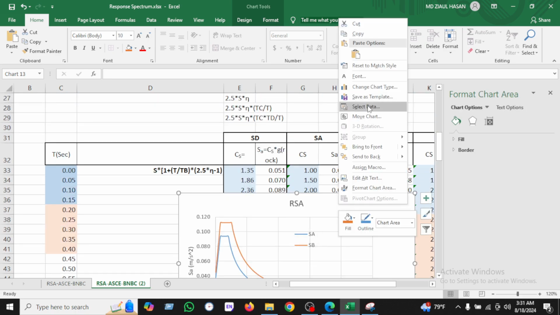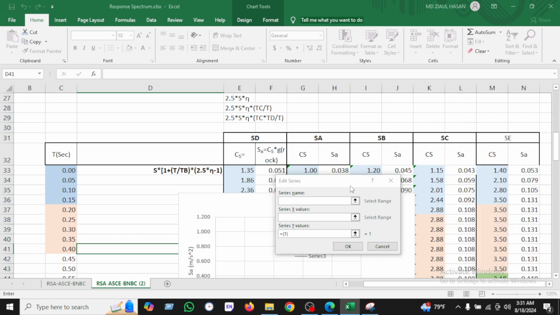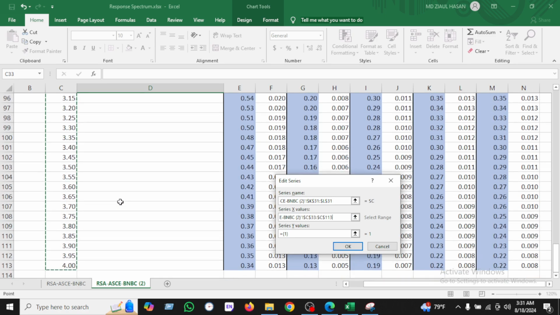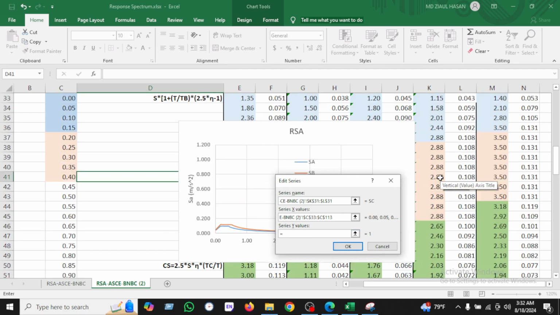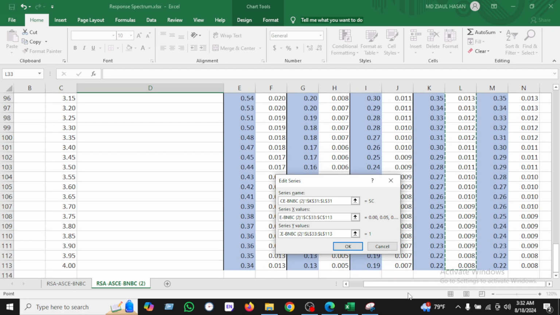In the same way we will input SC, the x value is time period, and the y value is the spectral acceleration.